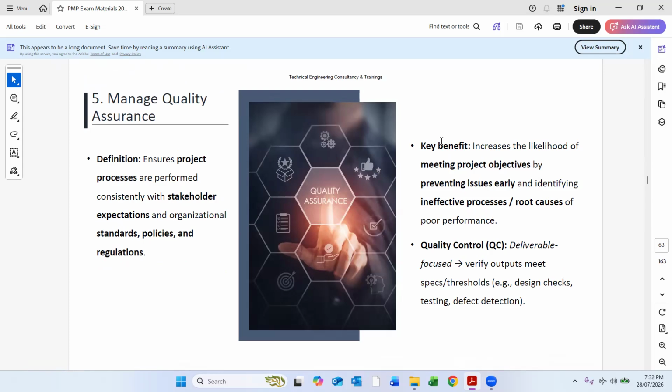So quality control verifies the design checks, testing and detection. In quality assurance, there are MIRs, work inspection requests and material inspection requests. If the contractor is not performing as per the approved standard and approved documents, the consultant or the engineer will raise an NCR, non-conformance report.